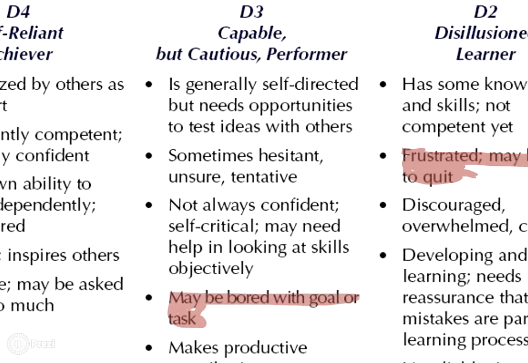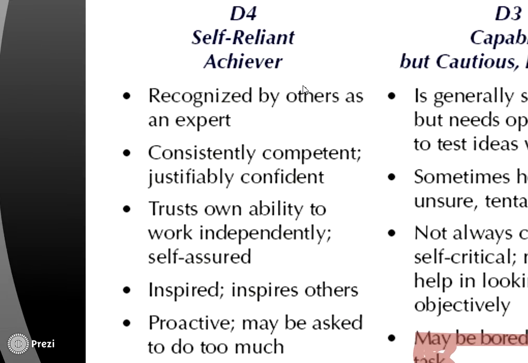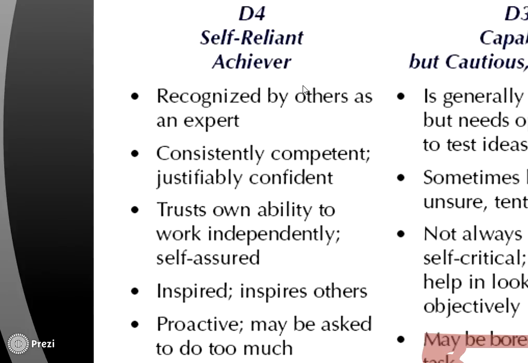Third stage is now they're gaining some skills and knowledge. However, they may be bored with this goal, depending on how long it took them from stage 2 to stage 3. It may be a long time, so the romance has worn off, and they're not really interested in doing it anymore. To the fourth stage, the self-reliant achiever. I think it's fairly positive on this side of the spectrum.